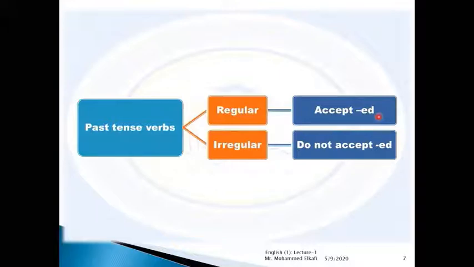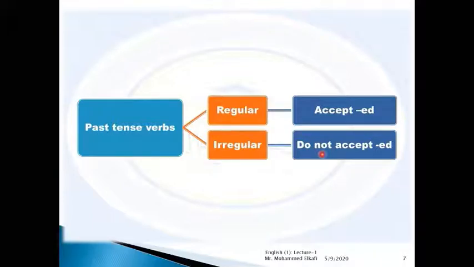But the irregular verbs do not accept ed. So instead of adding ed to these verbs, we change the form of the verb, as in the verb to be, which includes is and are as bases, and the past form of them is was.